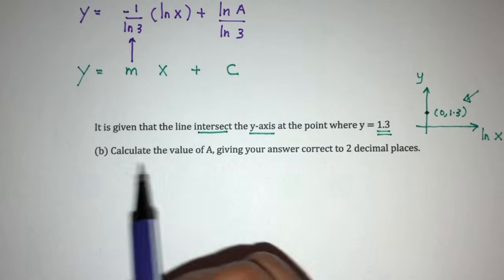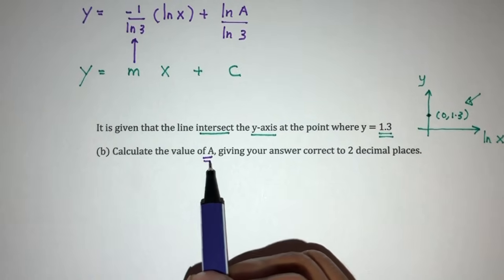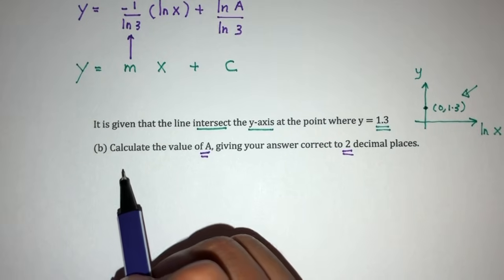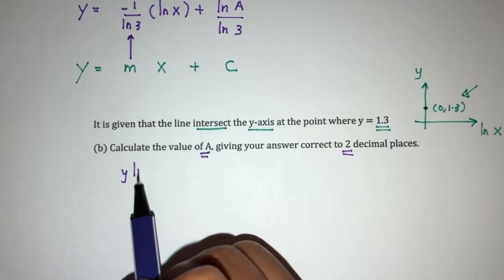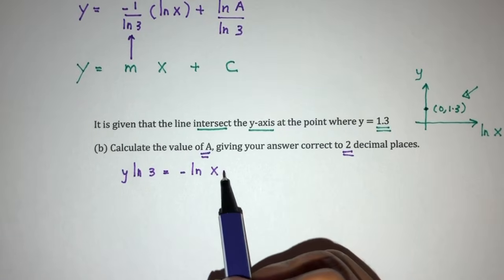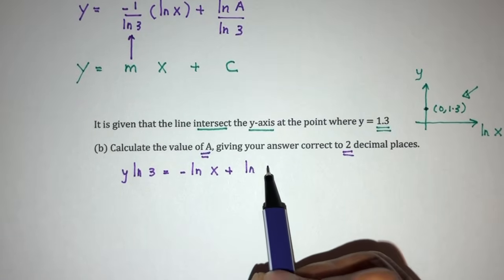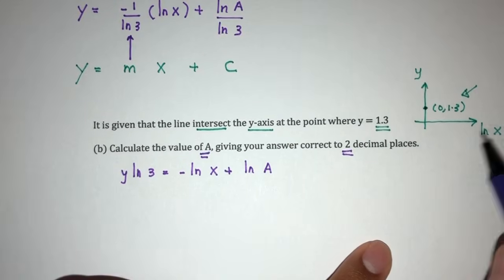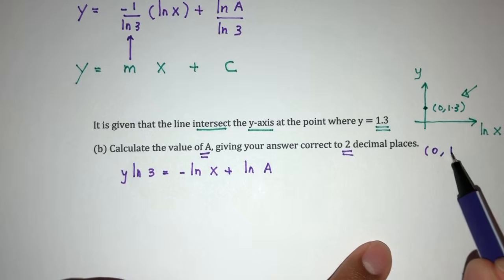Now part 2, we have to find the value of a, giving your answer correct to 2 decimal places. So pretty easy. Let's use the equation. So our equation is y ln of 3 is equal to minus ln of x plus ln of a. So we have to find the value of a. Now as you can see, because here we have y against ln of x, we know that the first point is what?